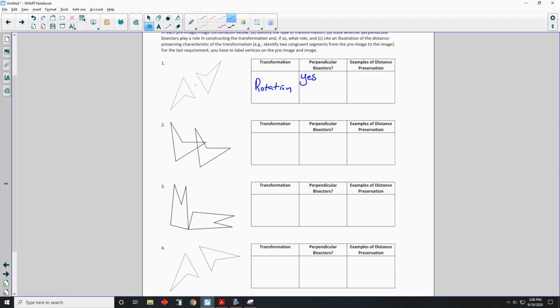And the answer is yes. And for what? It was to construct the center of rotation.